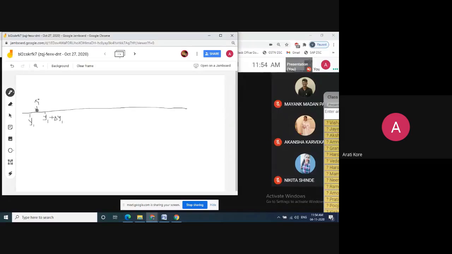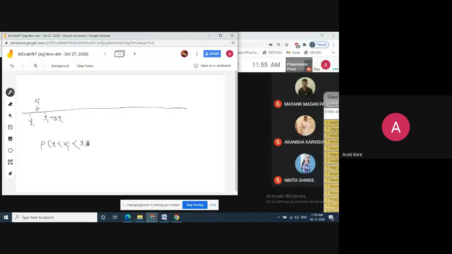Similarly, there will be n intervals in which we want one observation to be there. So now I am interested in finding the probability of one of the xi lying between y1 to y1 plus delta y1, right? So what will be this probability?